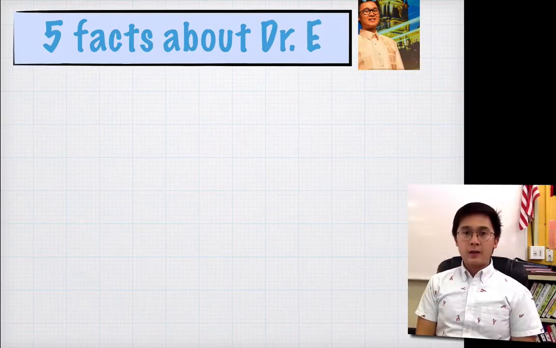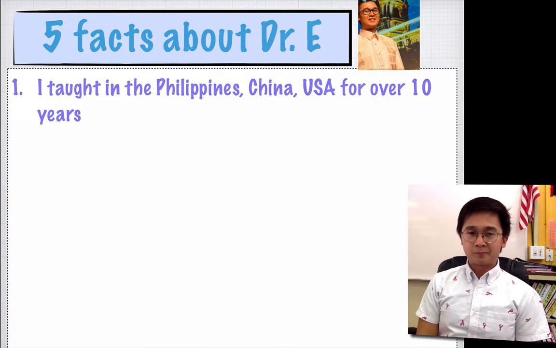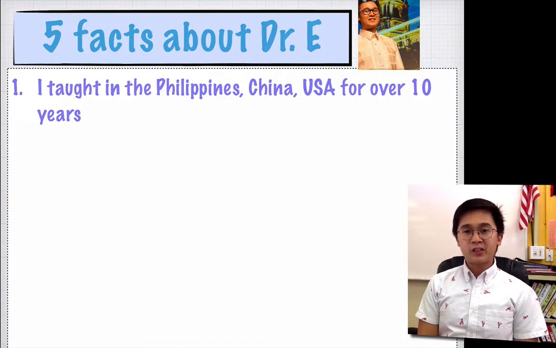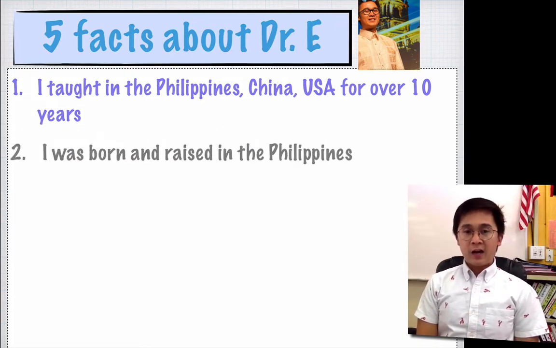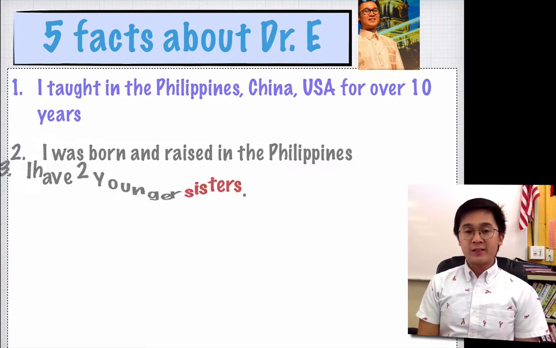Now, to give you a little bit of information about me: one, I have taught in the Philippines, China, and here in the US for over 10 years already. I was born and raised in the Philippines, and I was also educated in the Philippines.